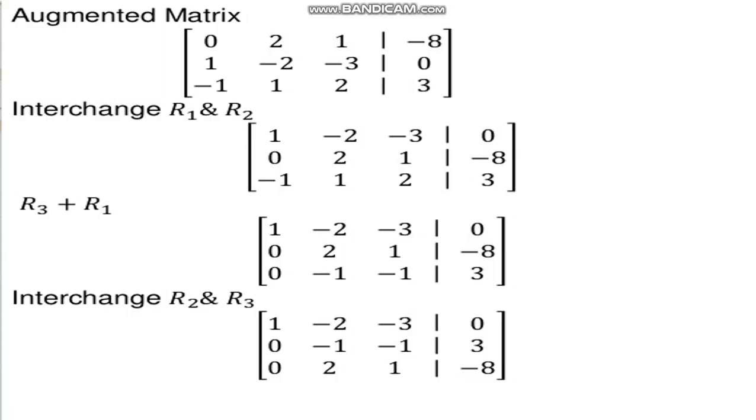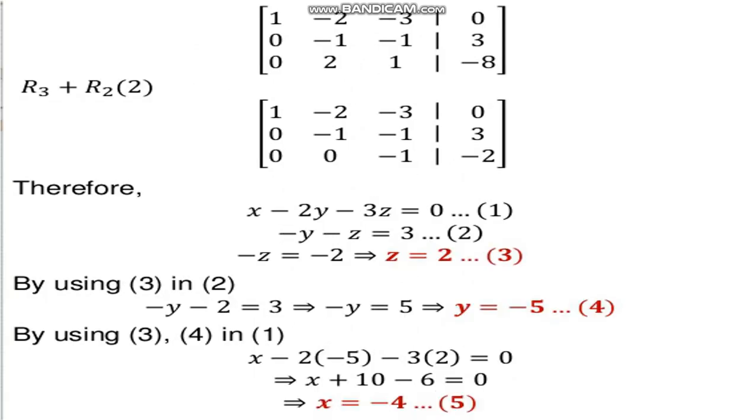For more simplification, interchange row 2 and row 3. The new matrix is 1, -2, -3, 0, 0, -1, -1, 3, 0, 2, 1, -8. For creating the upper triangle, we further simplify this matrix.